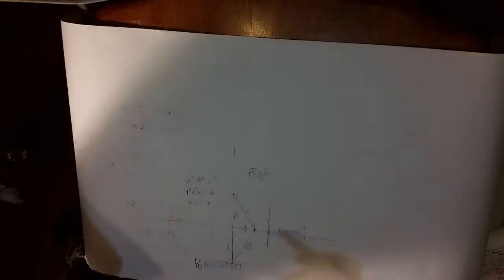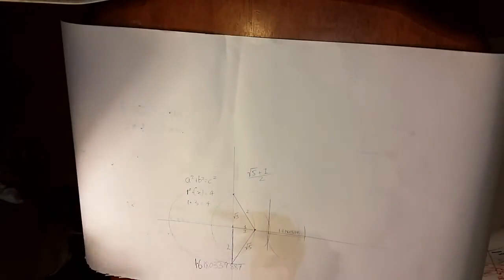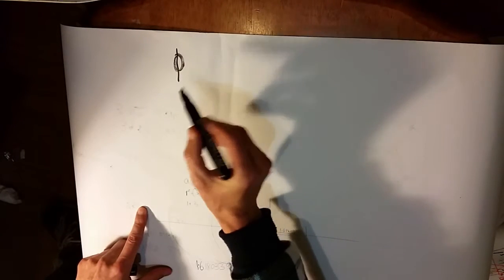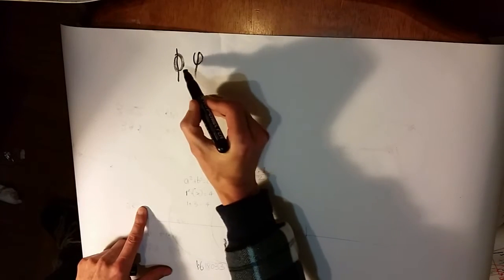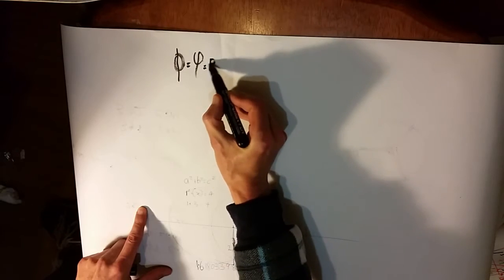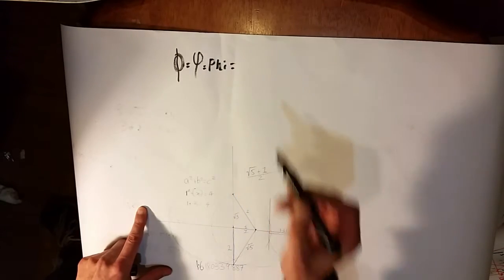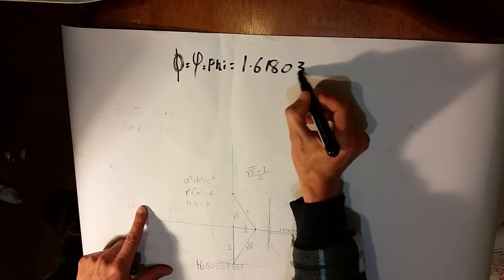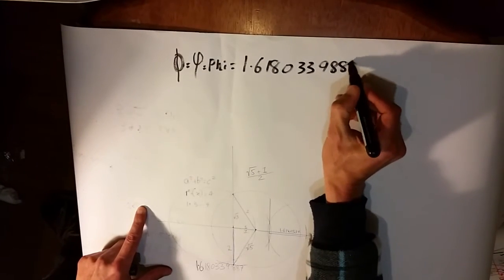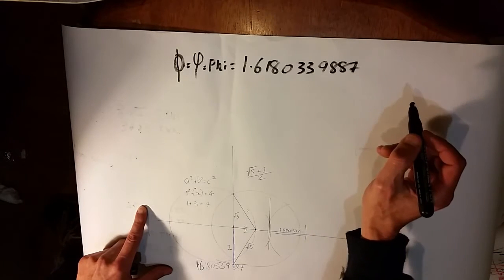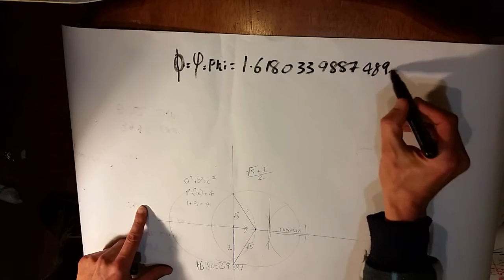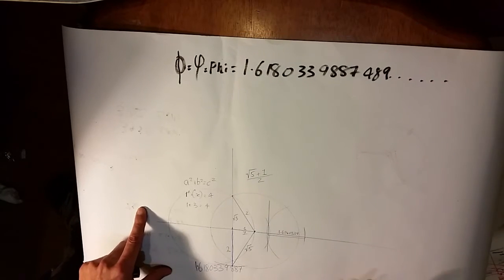Yep. Okay, so firstly, what is phi? It's one of the symbols for the golden ratio, the divine proportion. But the number itself is 1.61803398887, 498, and on to infinity.